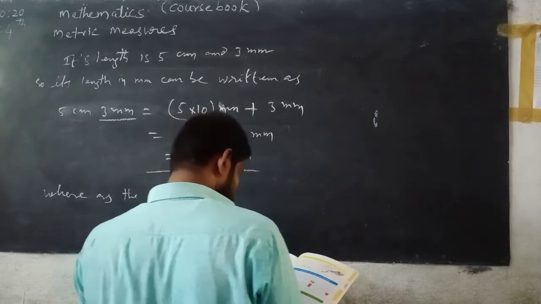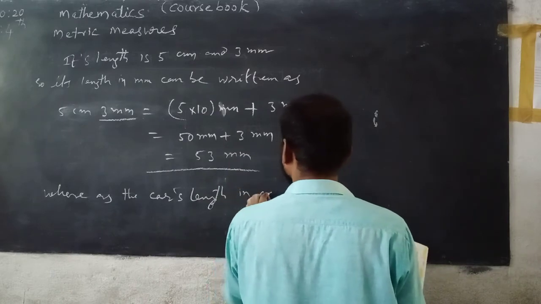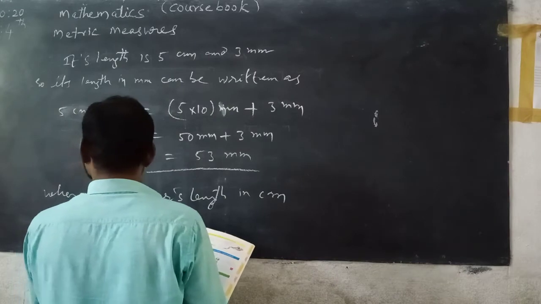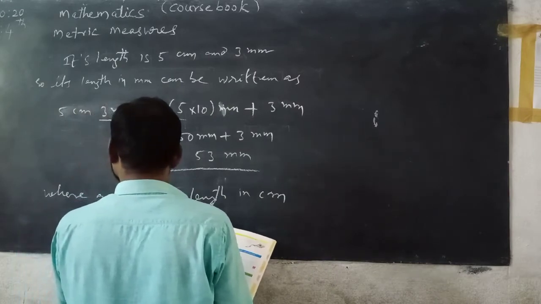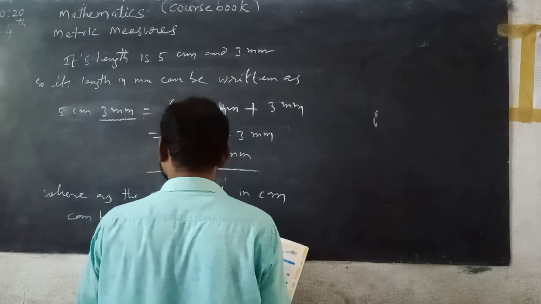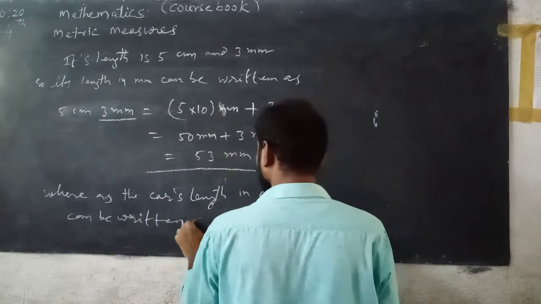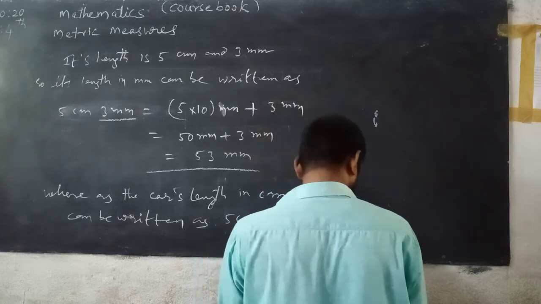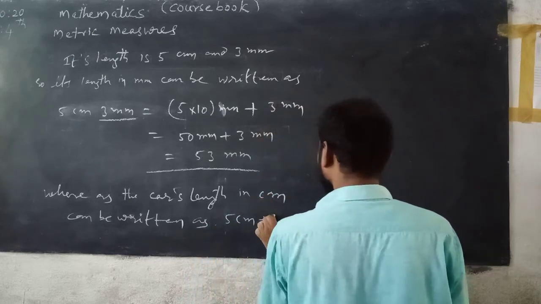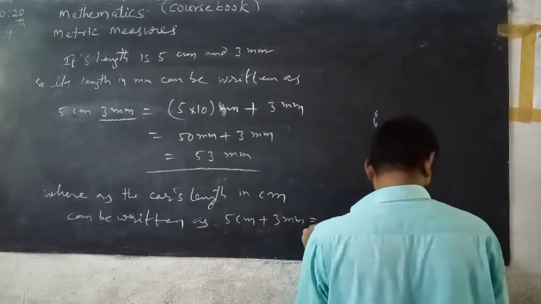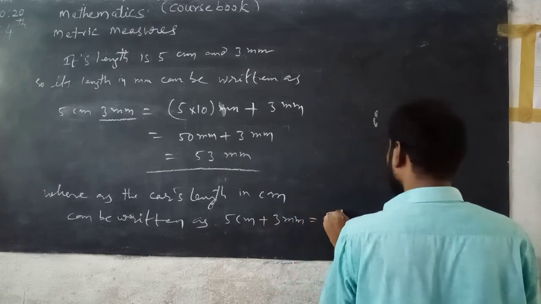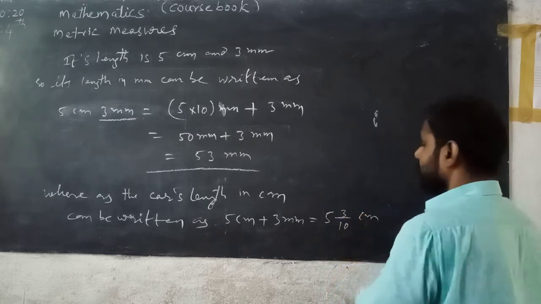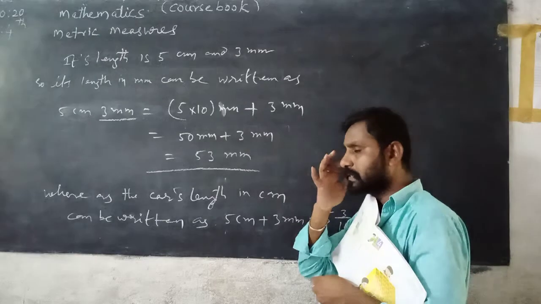The car's length in centimeter can be written as 5 centimeter plus 3 millimeter, that is equals to 5 whole 3 by 10 centimeter, because 1 centimeter is equals to 10 millimeters.